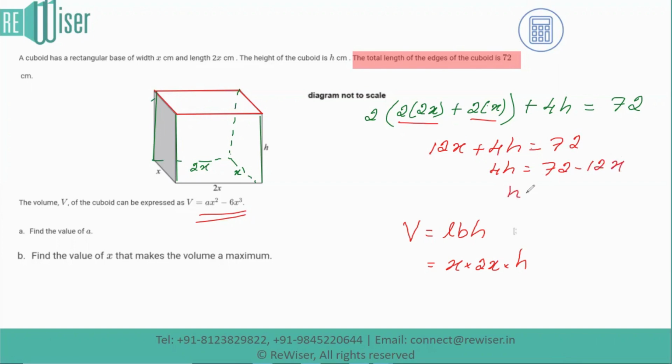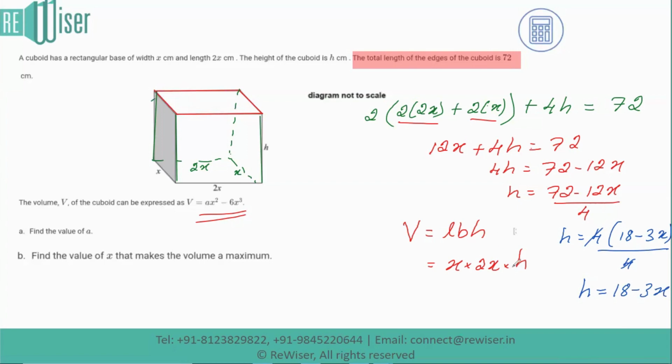So h would be (72 minus 12x) divided by 4. You can also factorize 4 out in the numerator, so it would be (18 minus 3x) divided by 4, and the 4s cancel out. So the value of h in terms of x is just 18 minus 3x.